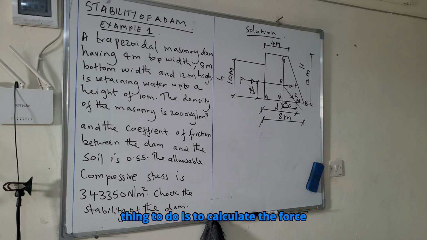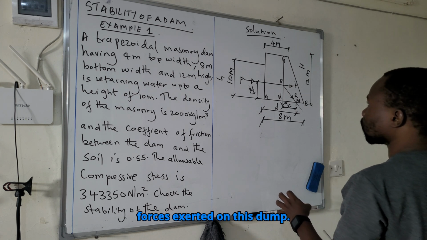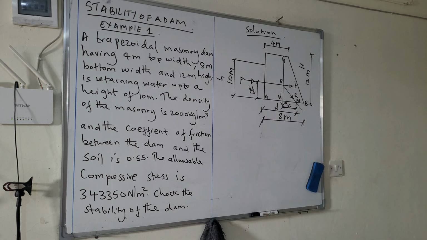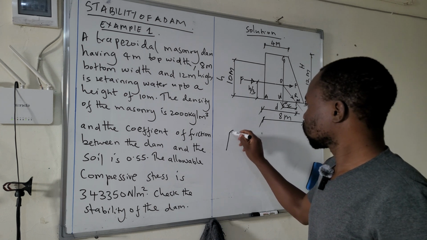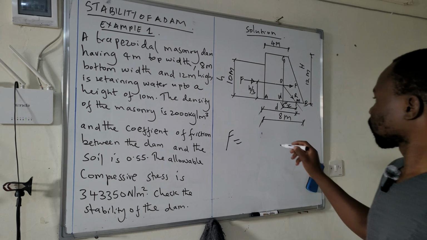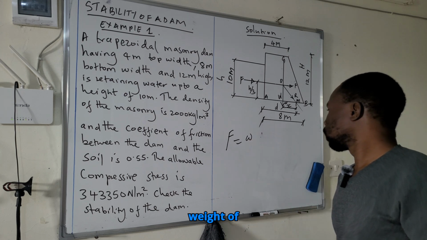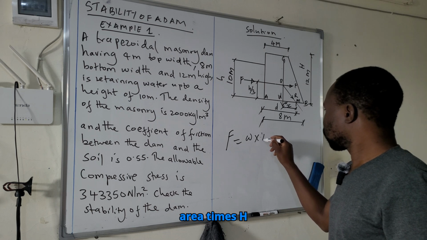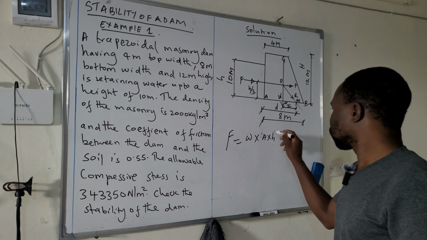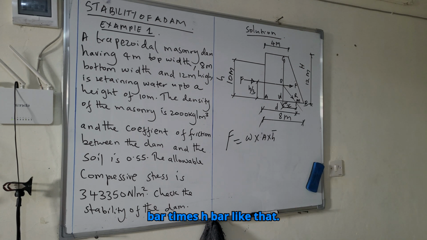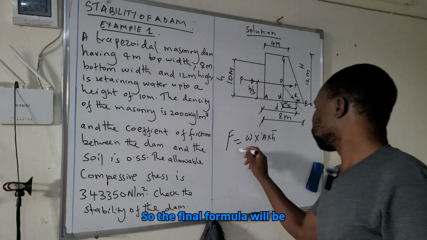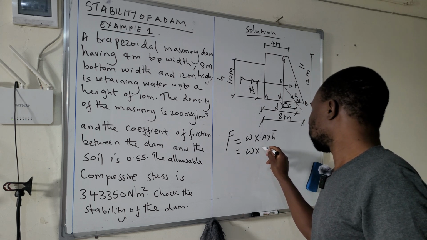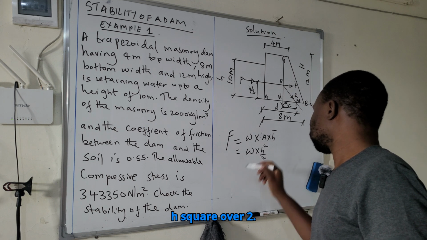So the first thing to do is to calculate the forces exerted on this dam. So we have force F and force W. So F is equal to unit weight of water times area times H bar, so the final formula will be W times H square over 2.